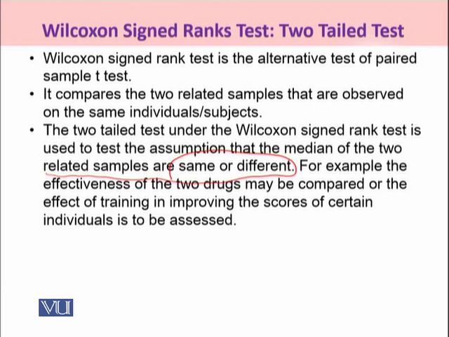Or we can take another example where we might be interested in testing the effect of training in improving the scores of certain individuals. We take the scores of students for one particular test, and then once they are given a particular training, we have to see whether the training has a significant impact on the scores of the students, and whether the training was effective in producing those results.